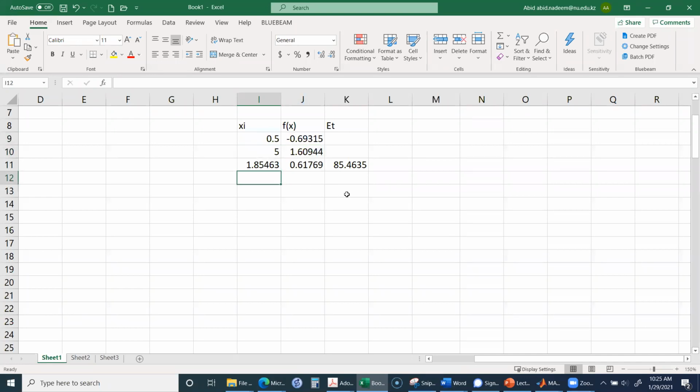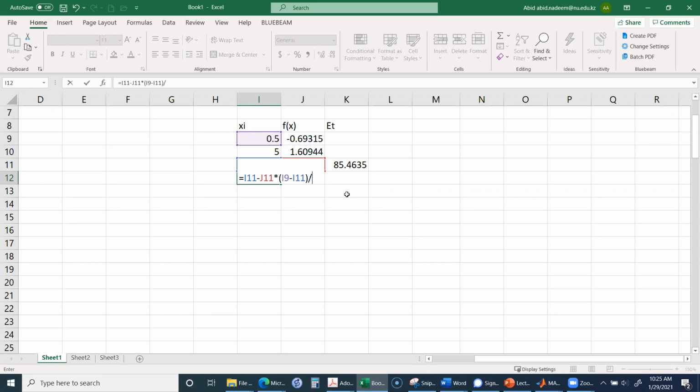Okay, so now in this case, what I do is I take this value first, minus this value times the difference of the x values, and then divide by the difference of the f values.